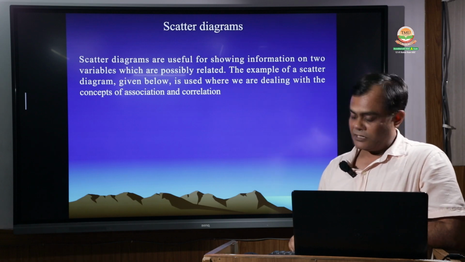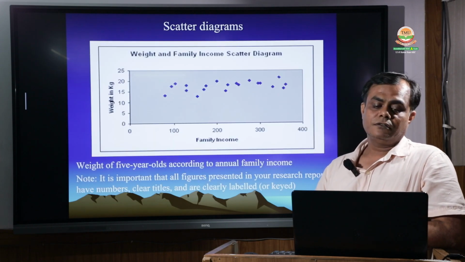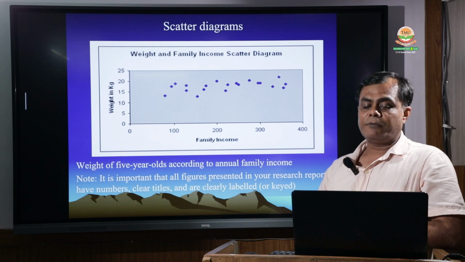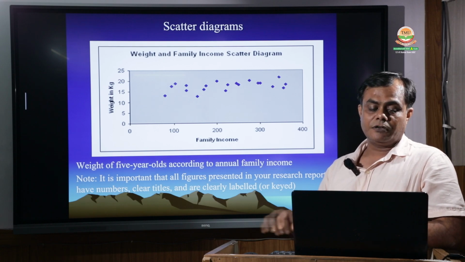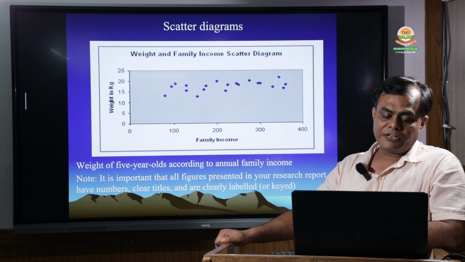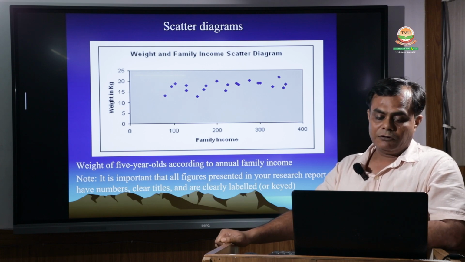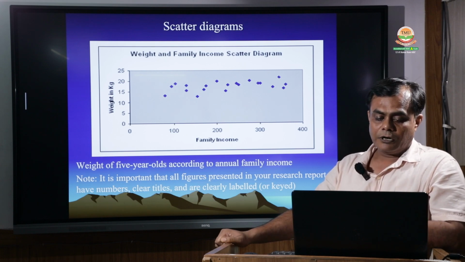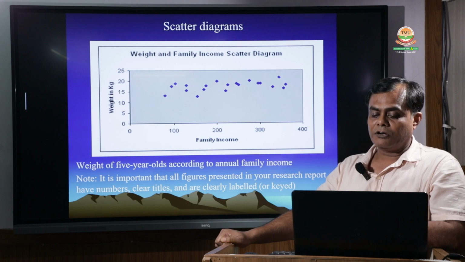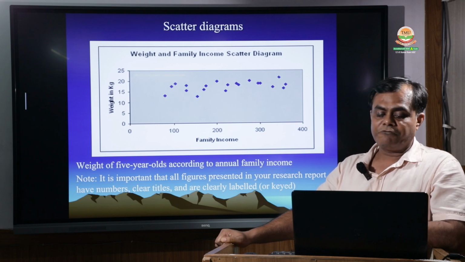The example here in this slide is the weight and family income scatter diagram. One axis is weight and the other is family income, showing the weight of 5-year-olds according to annual family income.